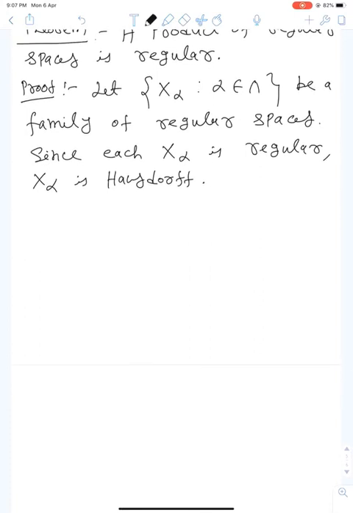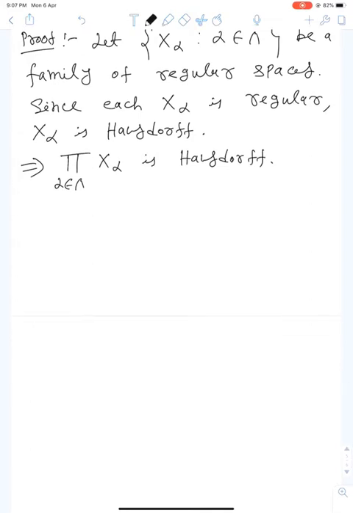Right? Now that will imply the product of these X alpha is Hausdorff. Now since this product is Hausdorff, the singleton point set is closed.